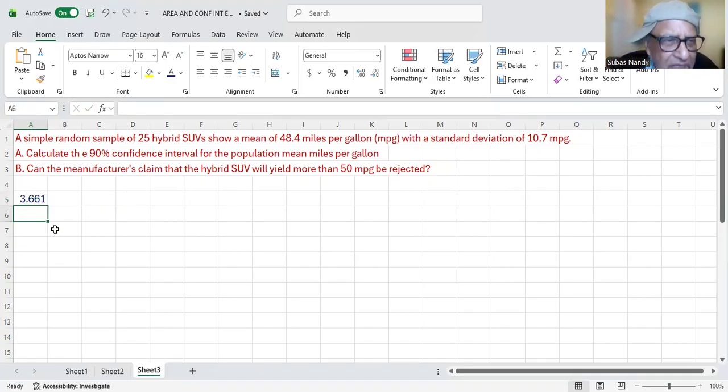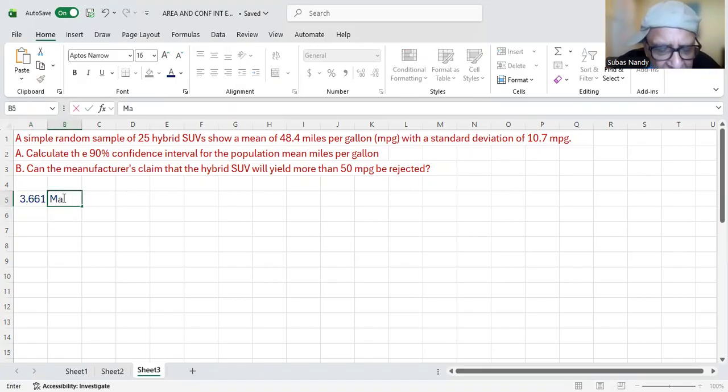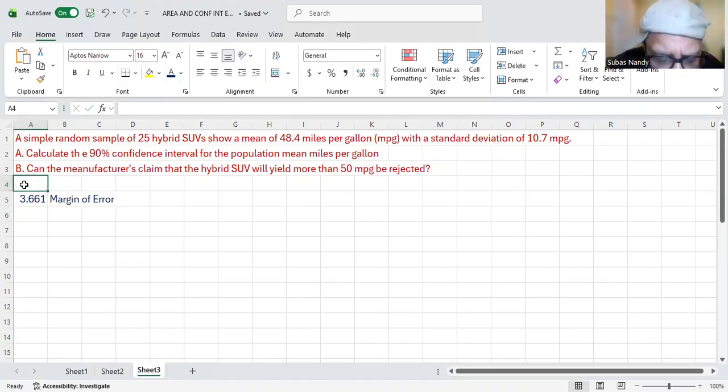And what is this? This is called the margin of error. This is not the confidence interval. This is the margin of error. So the formula for this I will write here.